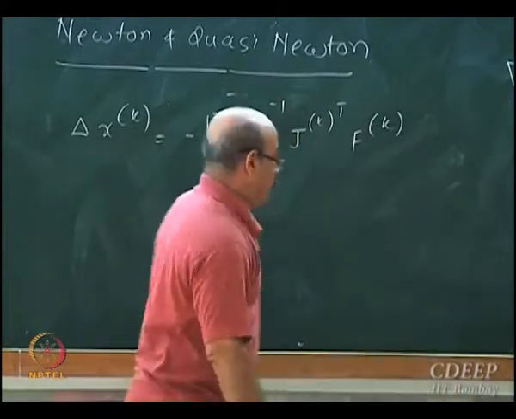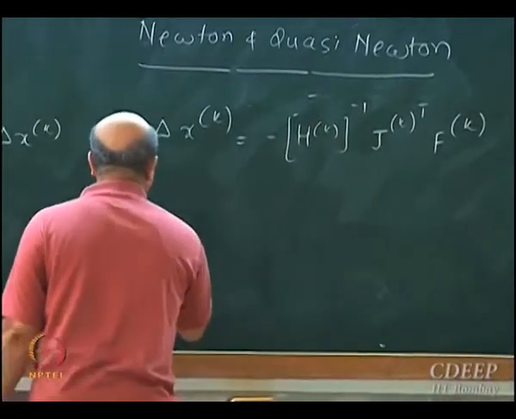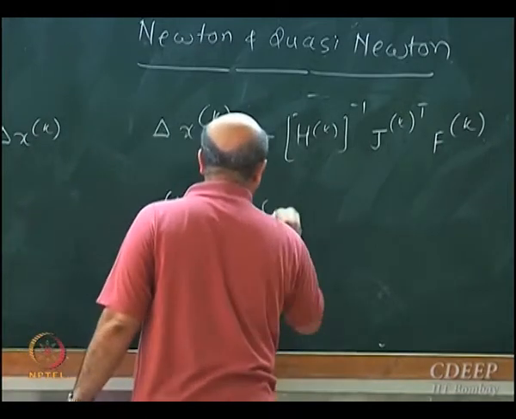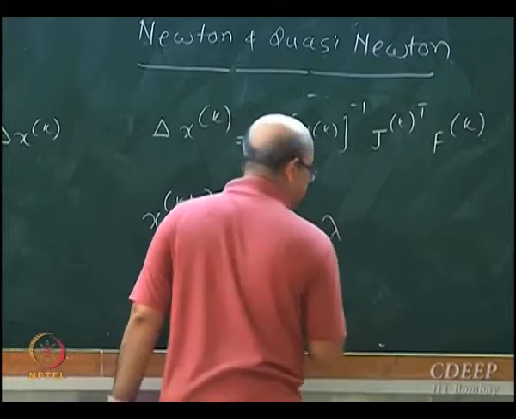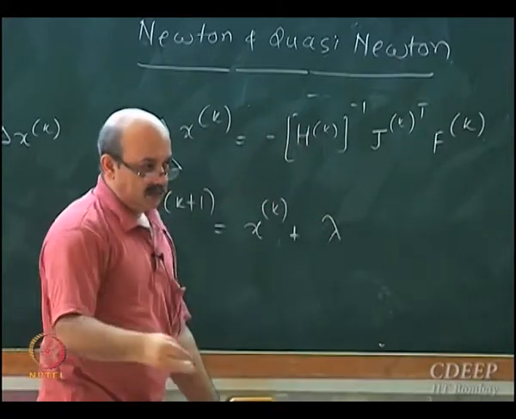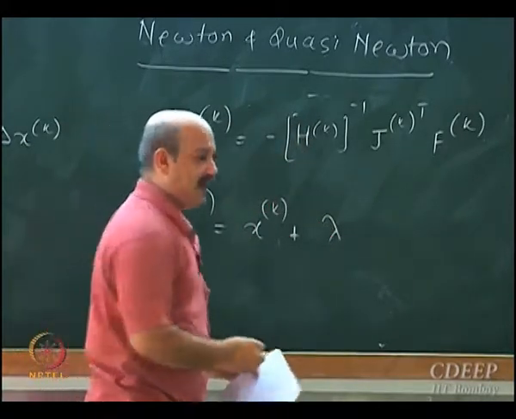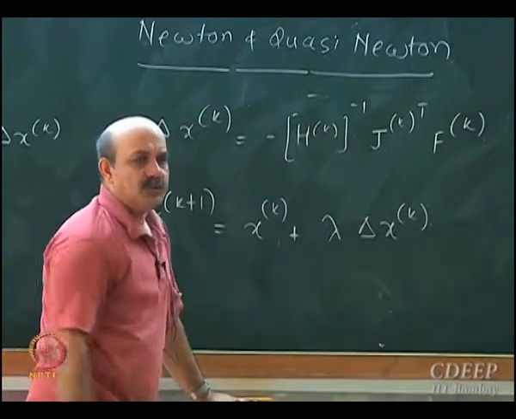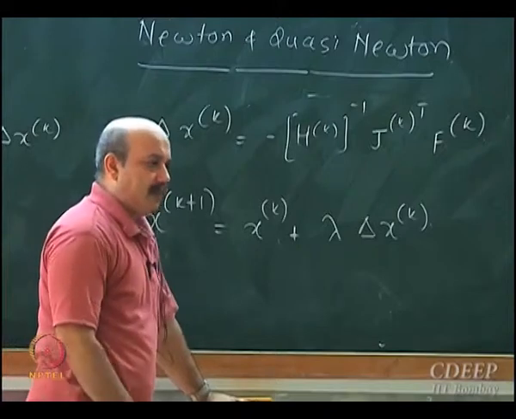The way I construct my next x_{k+1} is x_k plus lambda times delta x_k, and then you do a search with respect to lambda.